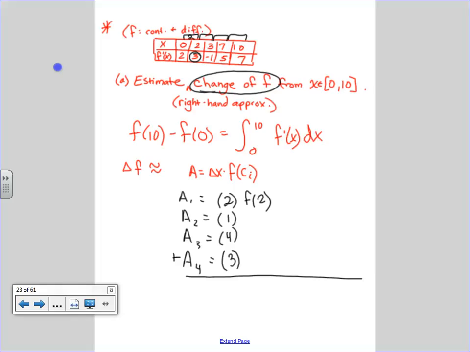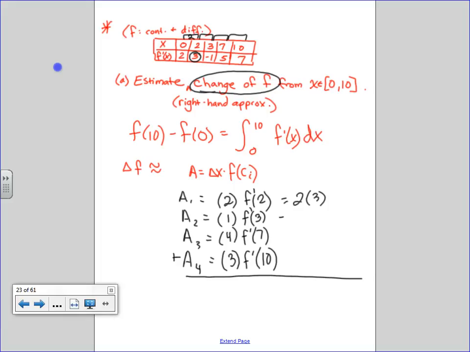The next one would be f prime of 7. With the right hand approximation, I should end on the right hand point.